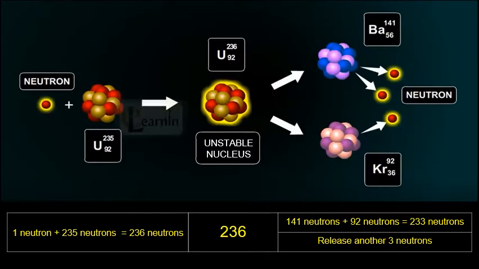Adding up, the total right now is 233 neutrons. So that's why it must release another 3 more neutrons in order to balance the equation of uranium-236.